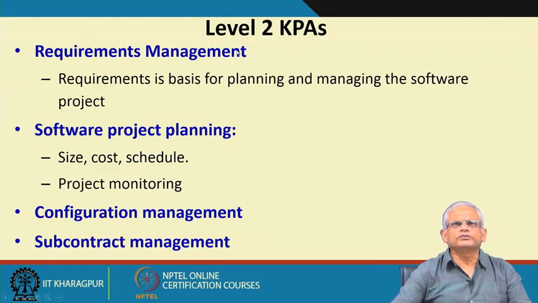The level 2 KPAs are the process areas which a level 1 organization must focus on to come to level 2. These are the KPAs: requirements management. The requirements document must be written and managed.